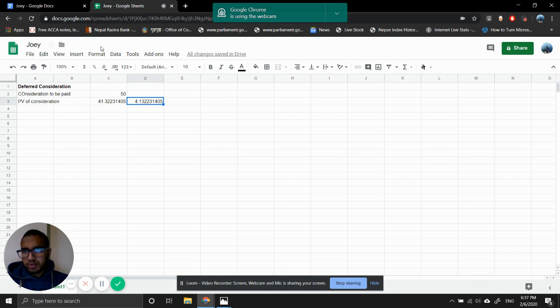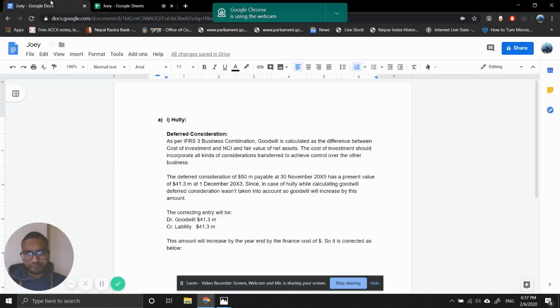so 4.13. What will be the final amount? This figure plus this figure, right? 4.1, right? It will increase by $4.1 million. So the correcting entry will be debit retained earnings. So our profit will go down, right? 4.1.